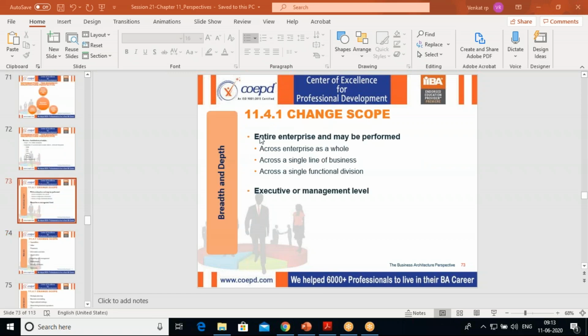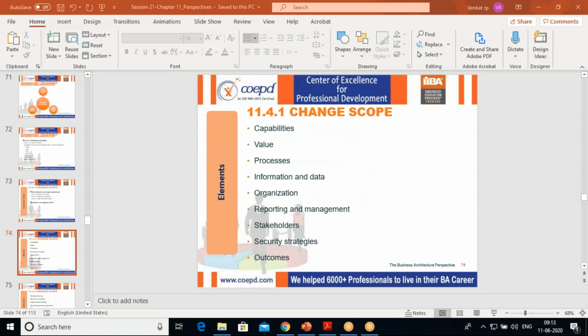Right now, here we will be seeing this change, whatever is going to happen, whatever you're going to make with this business architecture: is it for the enterprise as a whole, for a single line of business, or for a single functional division? Where you are going to make this new business architecture, you have to understand it.